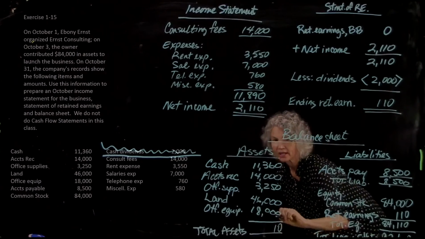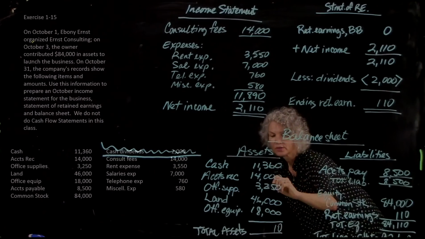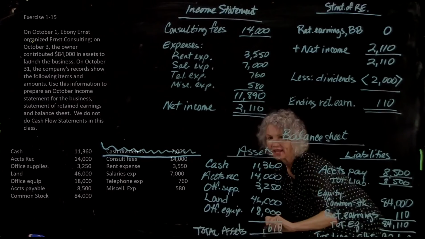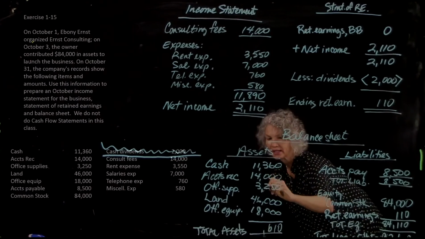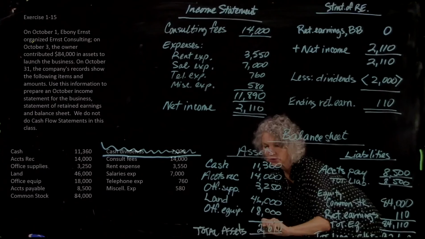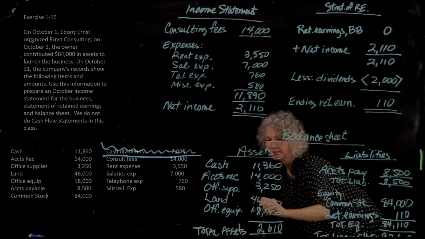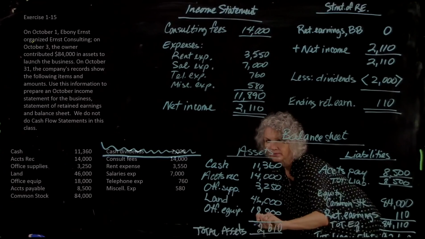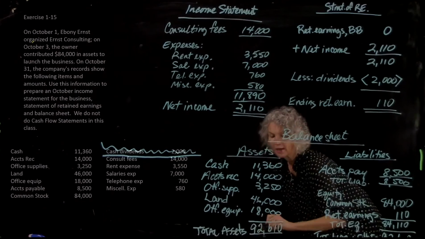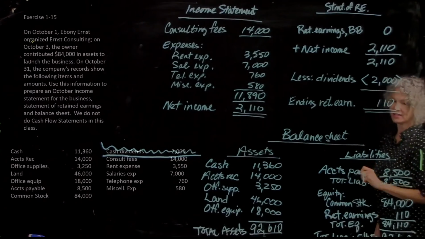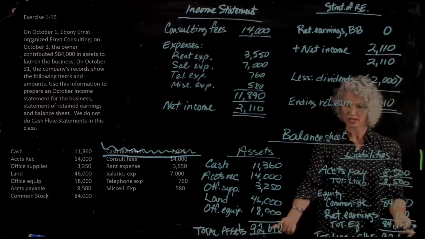Yeah, there's a 10. 4, 2, 6. There's a 610. 5, 3, 8. 14 and 8 is 2. Yep, 92,610. So see, our balance sheet balances.